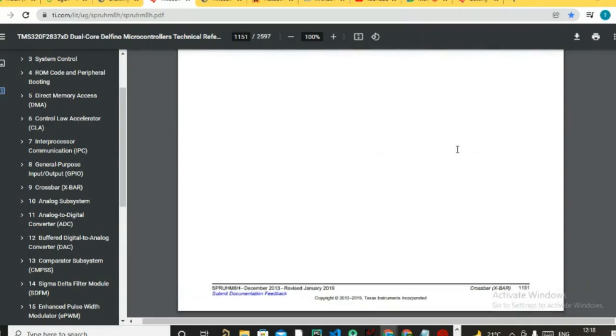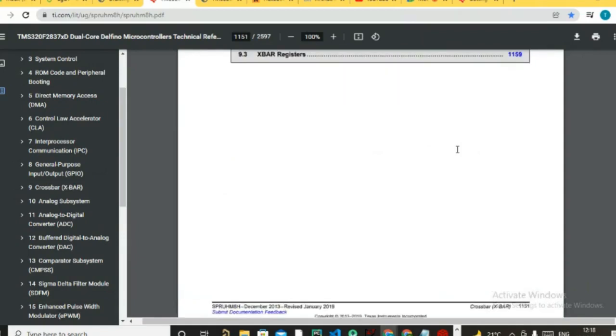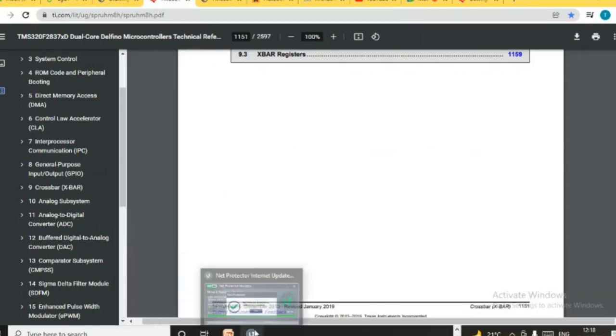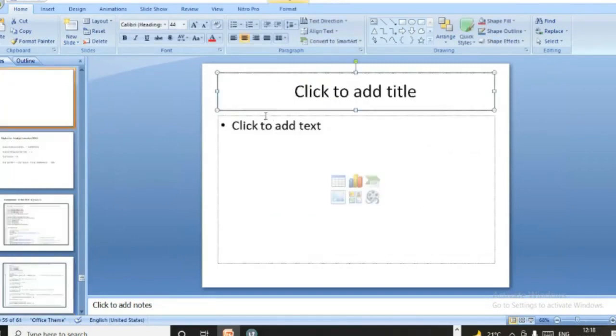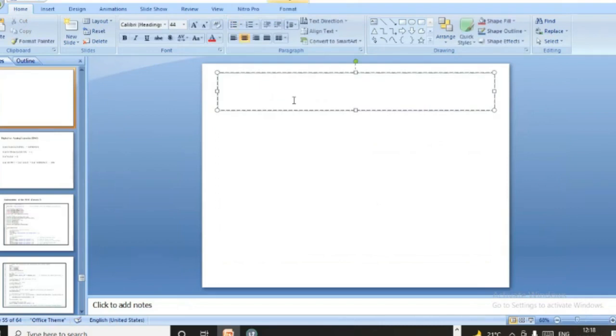So let's see what exactly routing means. I will explain this with a presentation. Let's say you have an EPWM signal that you are generating onto a certain pin, let's say GPIO 0.